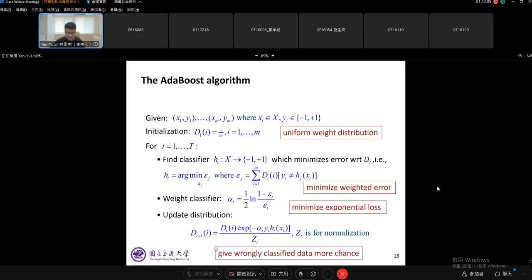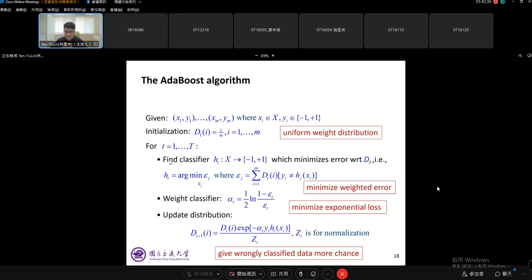The last step is to give wrongly classified data more chance in the next iteration, because if a data point is misclassified at this iteration, we increase its weight. At the next iteration, the weak learner will pay more emphasis on these wrongly classified data points.